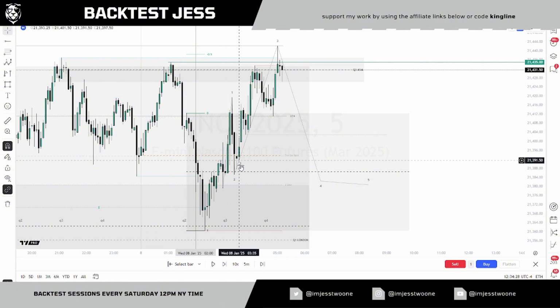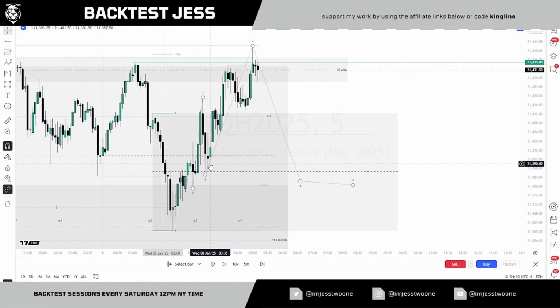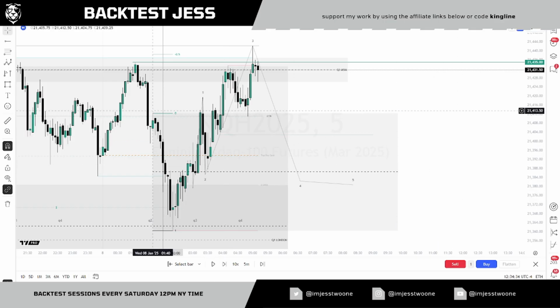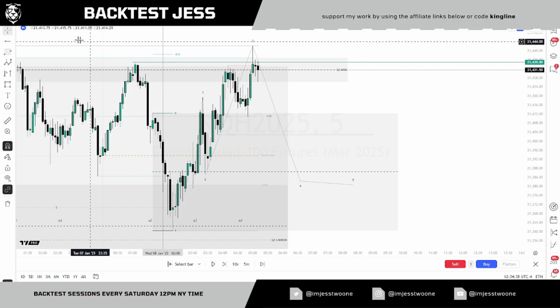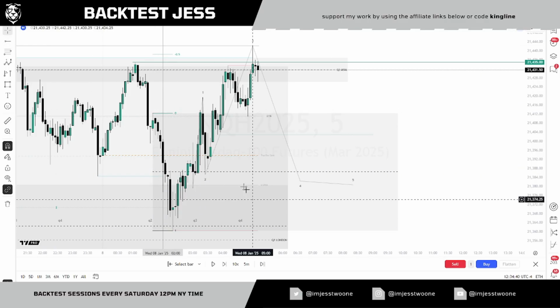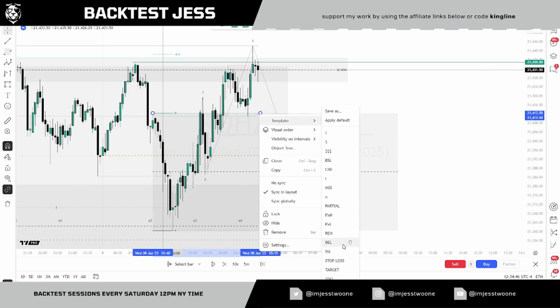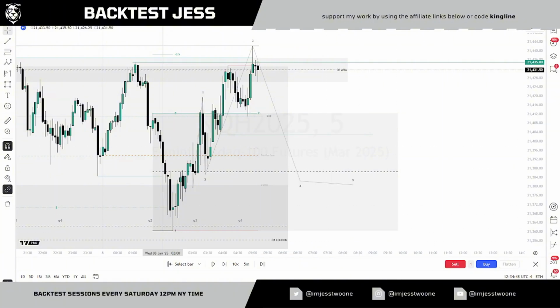It's kind of messy, but this is my best estimate here for what SBS is on this current screen, just because we had this close above this high right here. This would be the CSD. Bullish.